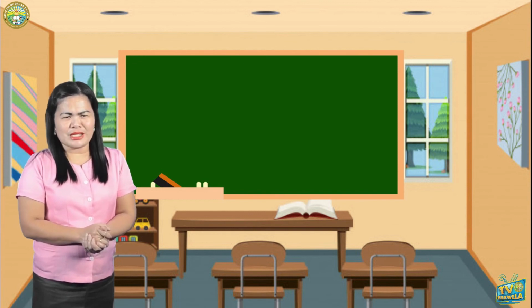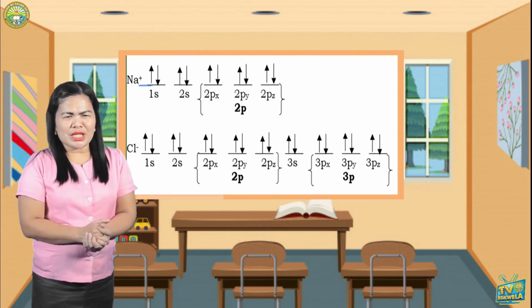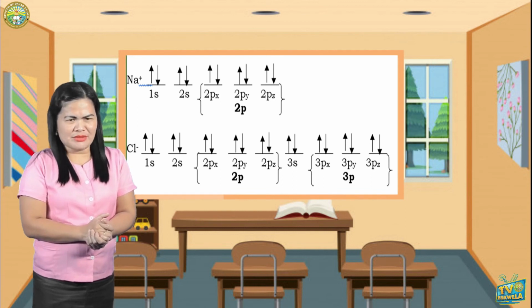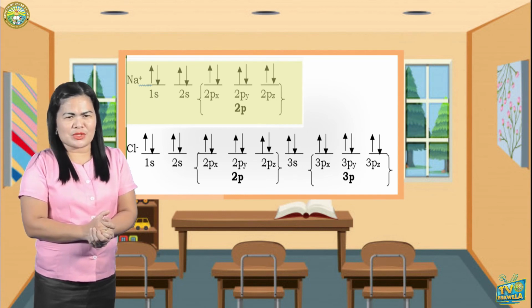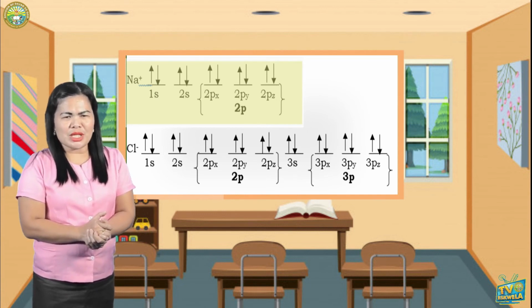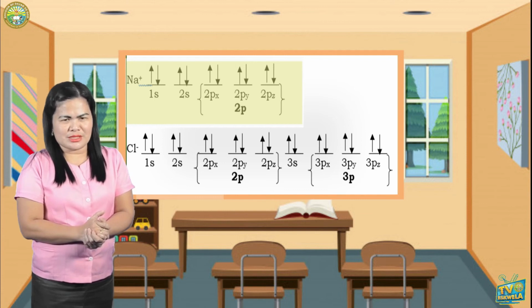After ionic bonding, sodium becomes a positively charged particle or cation. The orbital notation of sodium positive is 1s with 2 opposite spins, 2s with 2 opposite spins, 2p with 6 opposite spins.